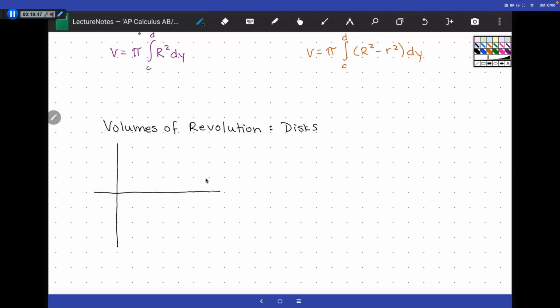So, imagine, if you will, let's take this region here, bounded by the curve and the x-axis. And this is going to go from A to B. And we're going to take this area.